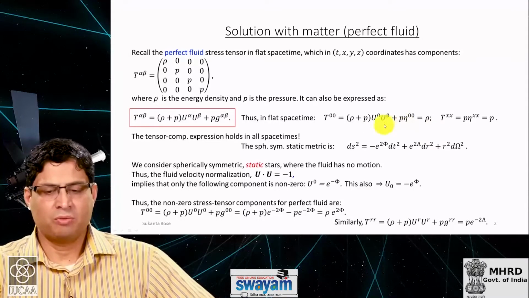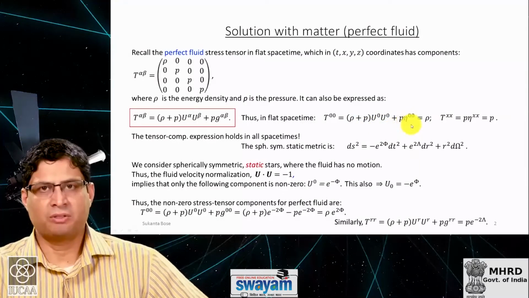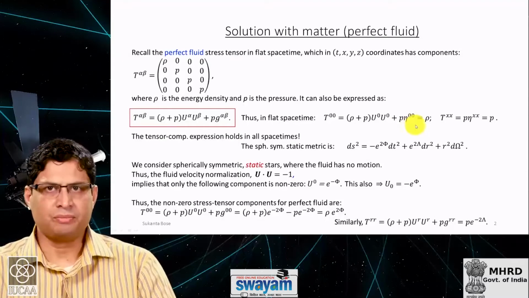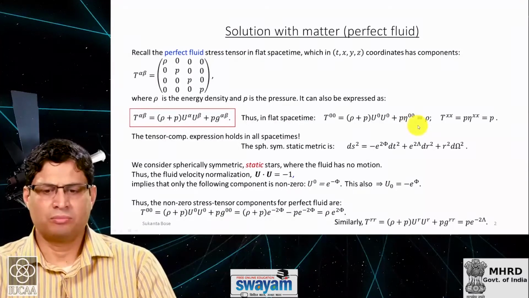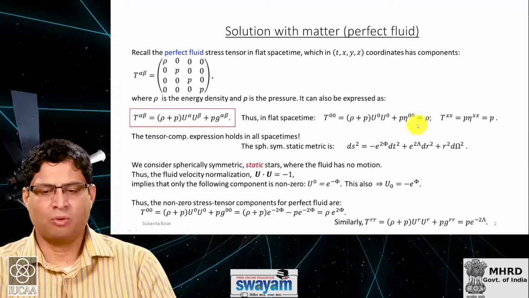But u 0 squared is just unity, and so from the first piece you have rho plus p, and from the second you have negative p, because eta 0 0 is negative 1, and that leaves you with T 0 0 being just rho. So, this expression actually reproduces what I wrote in this matrix form. T 0 0 is indeed rho.